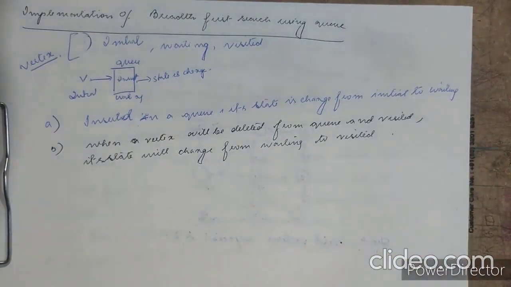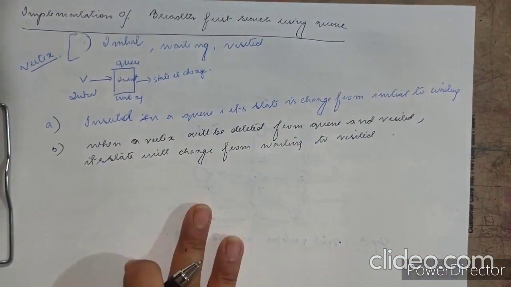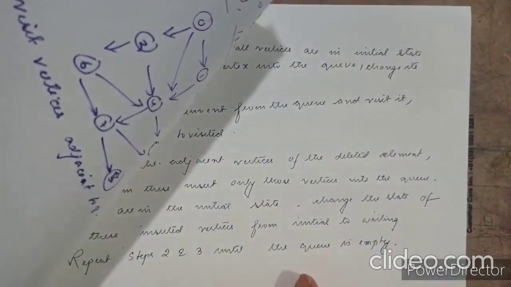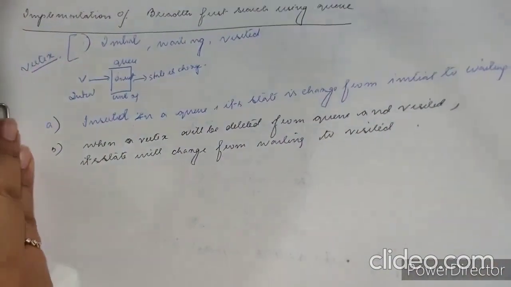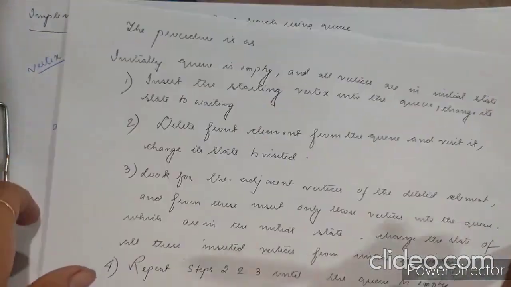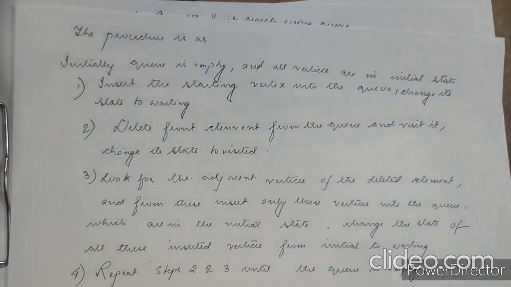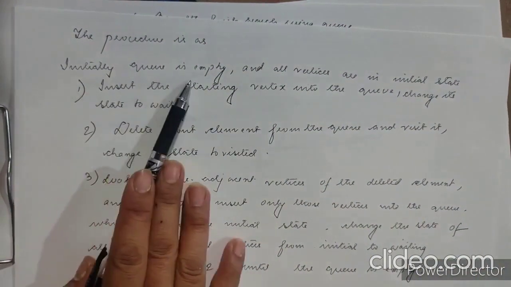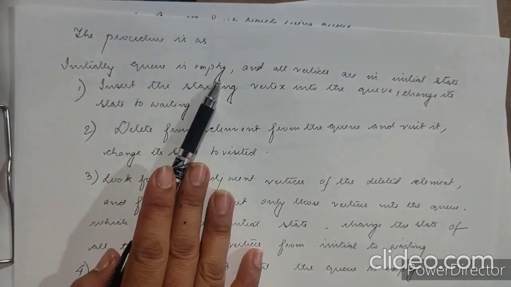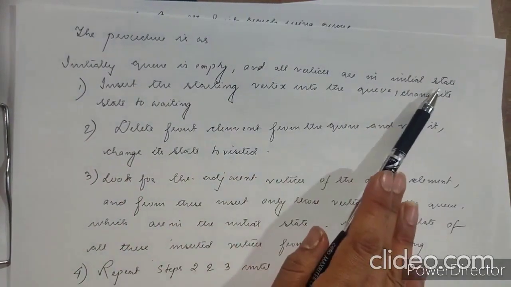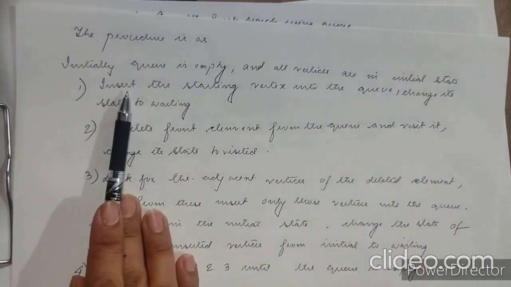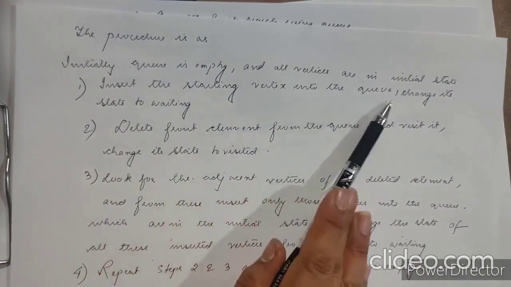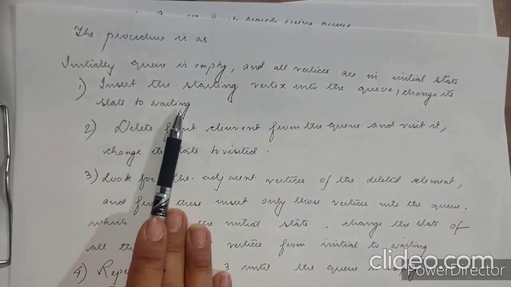Now we are going to learn the procedure that we are going to use here. First, initially the queue is empty and all the vertices are in the initial state. So insert the starting vertex into the queue and change its state to waiting.